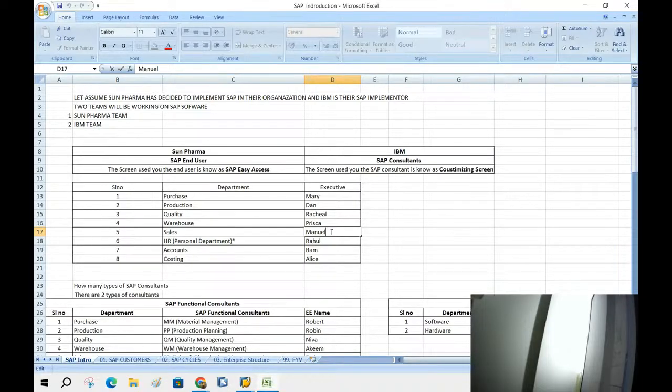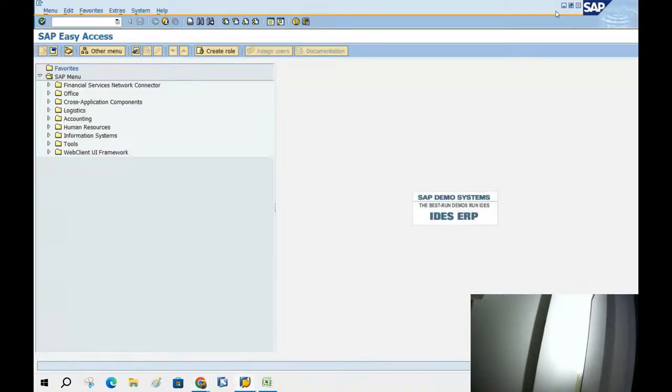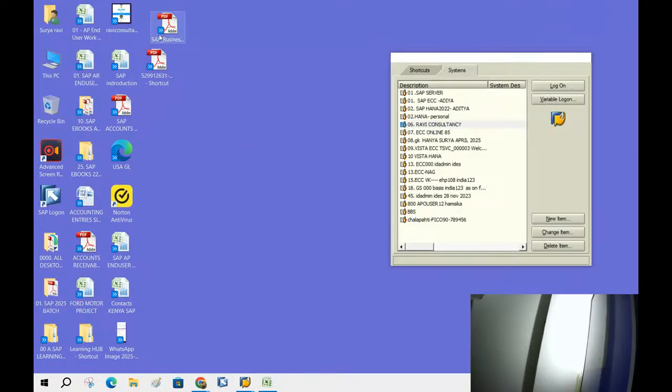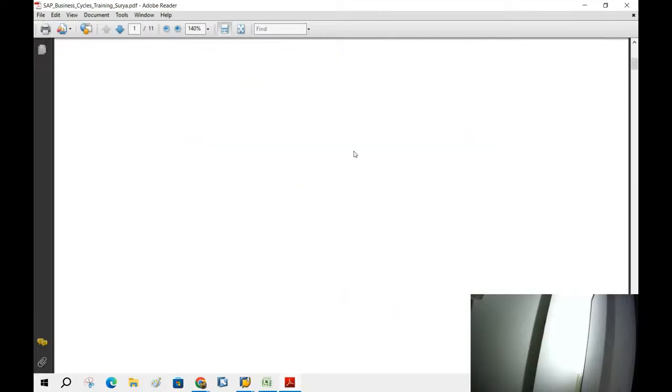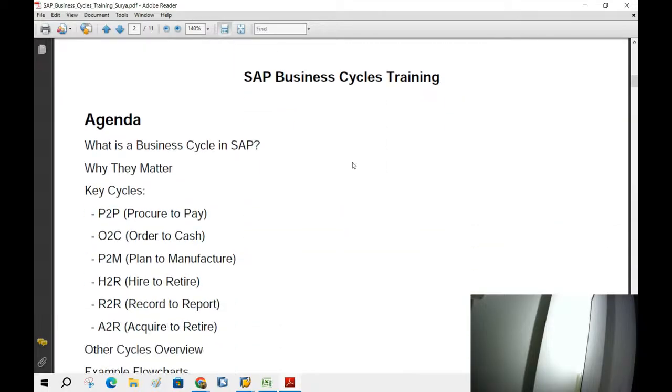So when you are performing this, there are different cycles happening in the business. Yes or no? Today, our aim is to understand what are the different business cycles involved in SAP. What are the common business cycles you see in SAP, and what are they called?